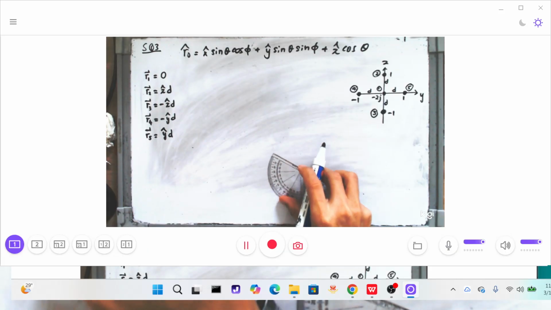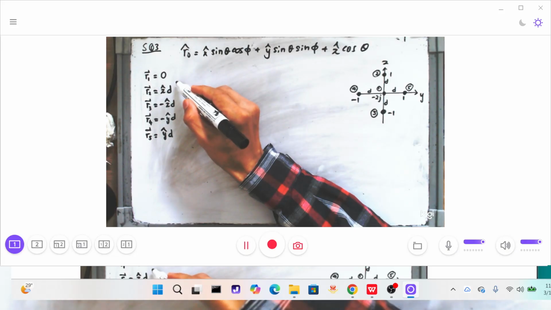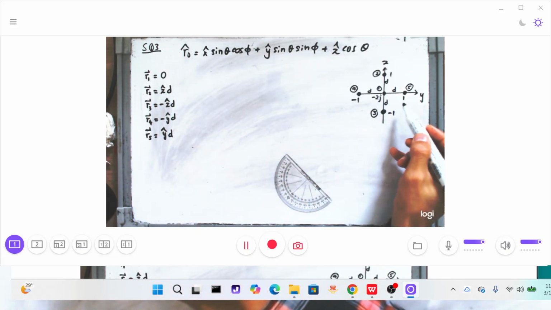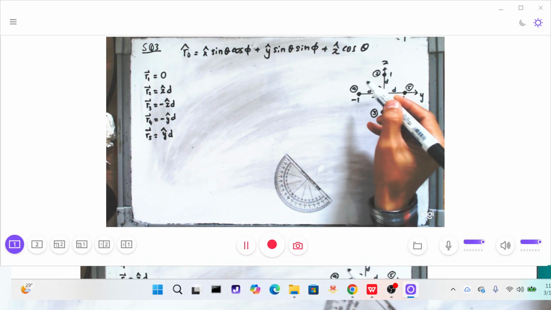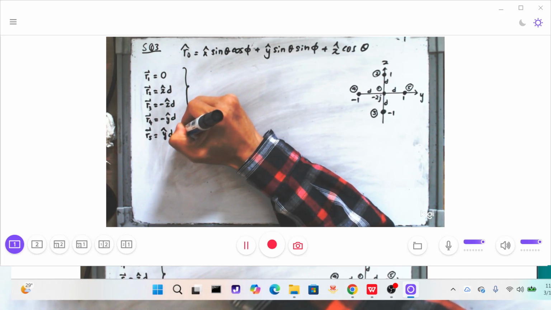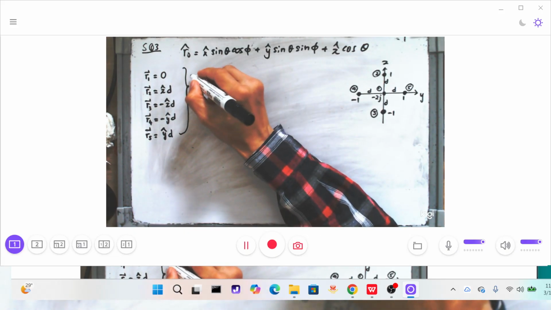I have already used vectors to represent all the antenna coordinates. Right now, what we are going to do is work out the projection in the direction of propagation.